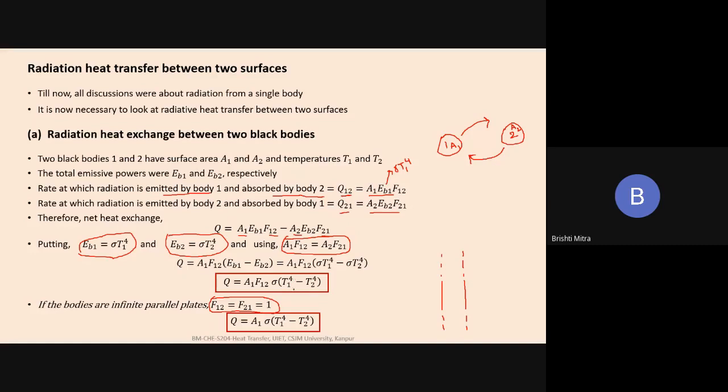We are considering that T1 has a greater temperature than T2. And if it is the other way around, we can also do that same calculation, because we know that A1 F12 is the same as A2 F21. So this is more or less simple when the two bodies are black bodies.